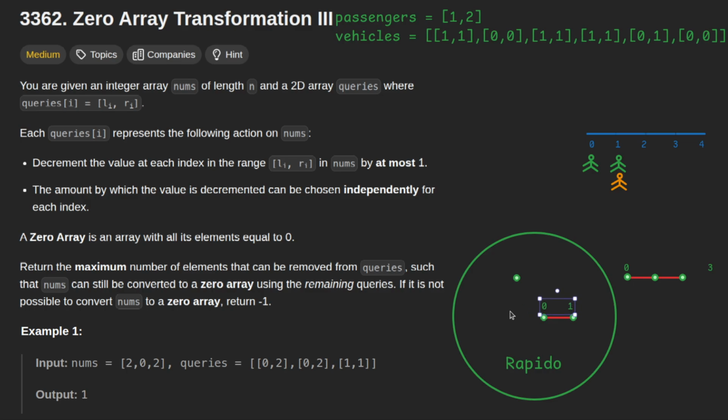I'm just going to club it all. This is 0, this is 1, and I want to club it. Now what else we have? We have 1, just 1, right?